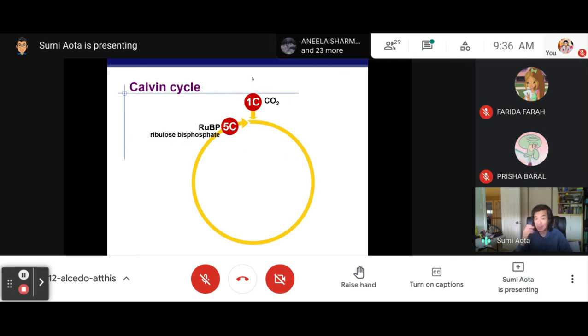You're also going to have a CO2 molecule coming in at the same time. So we've got 3 5-carbon molecules here, which means we need 3 CO2s coming in here.